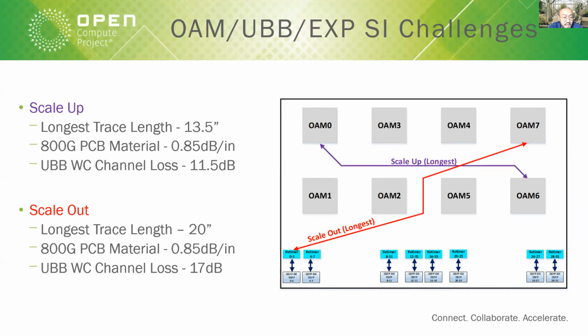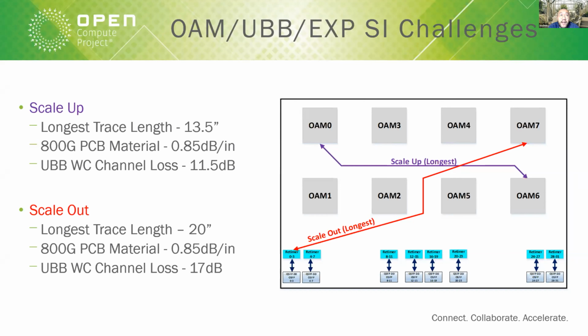The scale out, for the longest trace, the example we did is from OEM to the retimer. If we remember, one of the topologies in the previous slides has to go through the OD connector, through the mezzanine connector, all the way to the extension card, to the retimer, to the LR capable retimer there. So we talked with a couple of the SerDes IP vendors in the market for 112G.